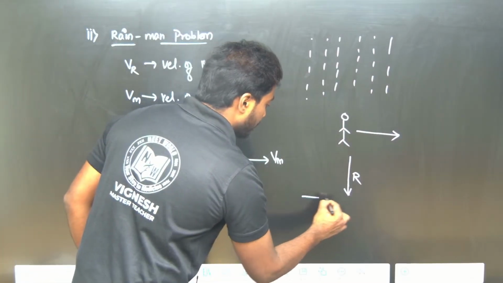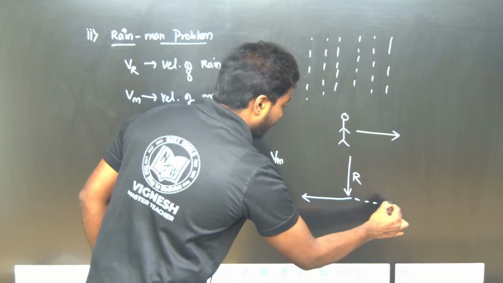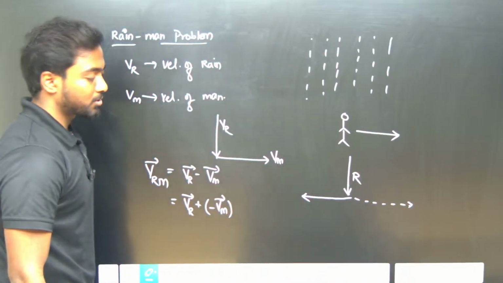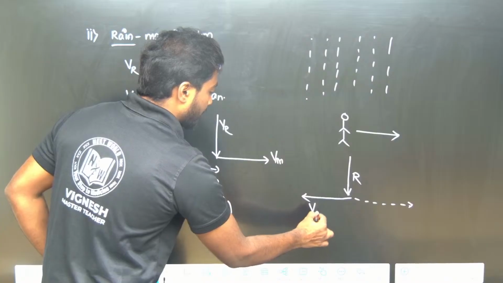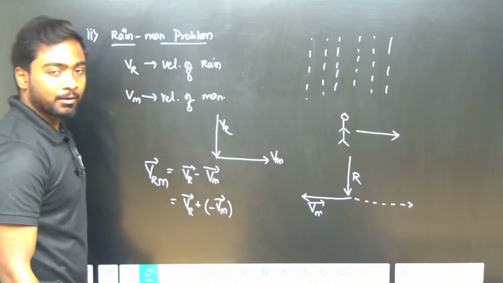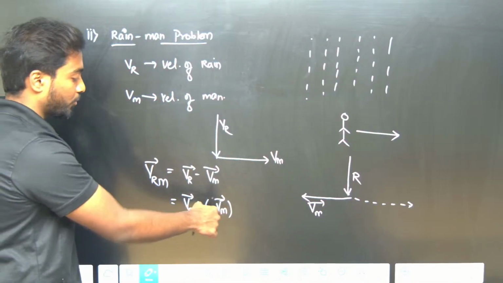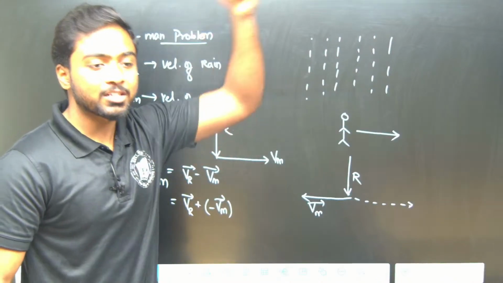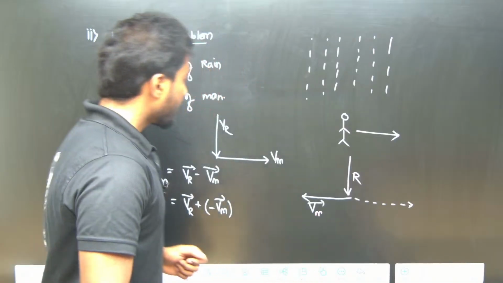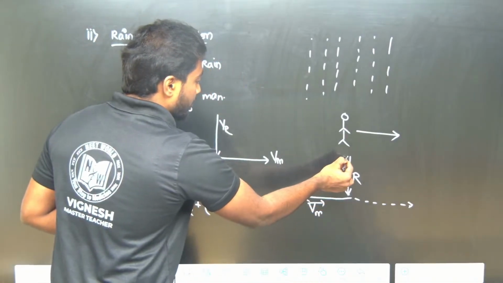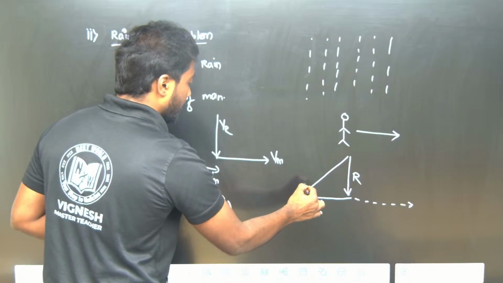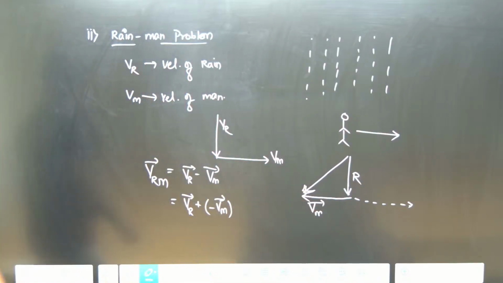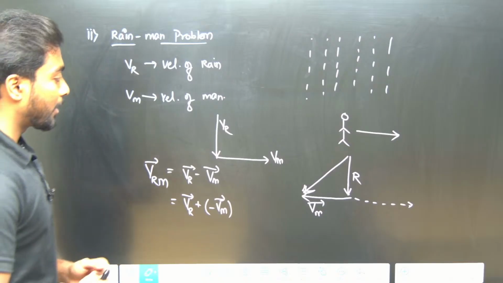The man is walking like this in the original direction, but this is my velocity of man. To find which direction I need to hold the umbrella, this is where I can hold the umbrella.